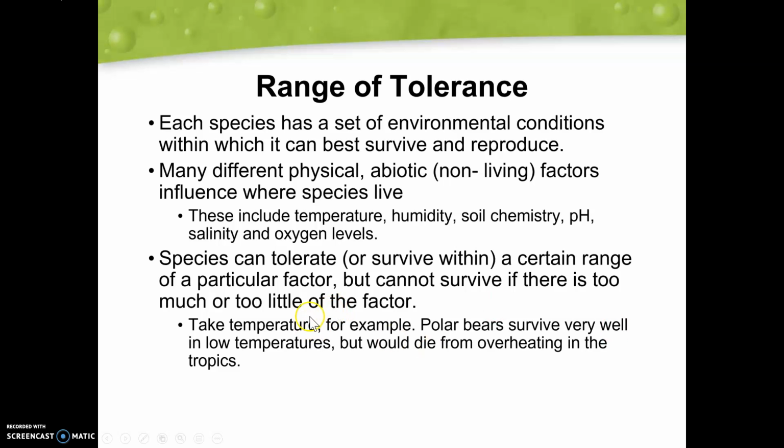If there's too much or too little of a certain factor, that species isn't going to be able to survive in that area. If we take this example of temperature, polar bears survive really well in those low temperatures. But if we put them in a higher temperature environment, we're not going to see them survive.